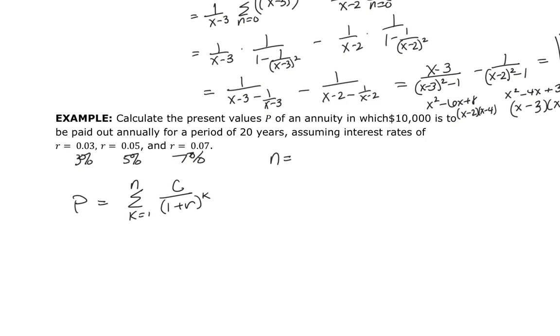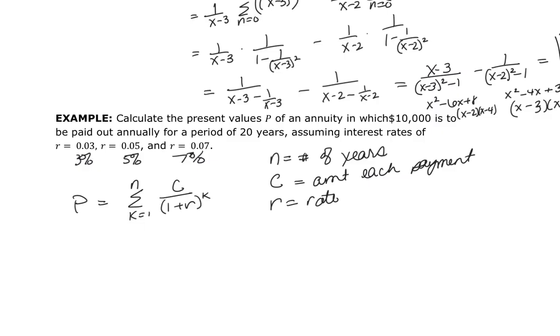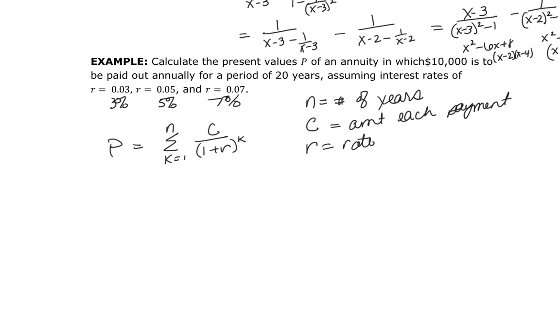So n equals the number of years we want this to pay out. C is the amount each year, or each payment, I should say. R is the rate. So all of these are going to be the same, with the exception of R.